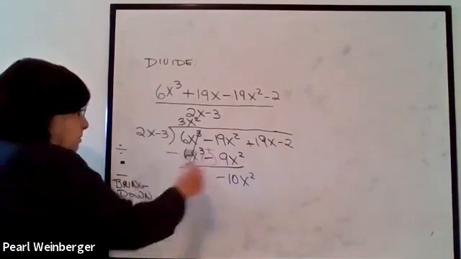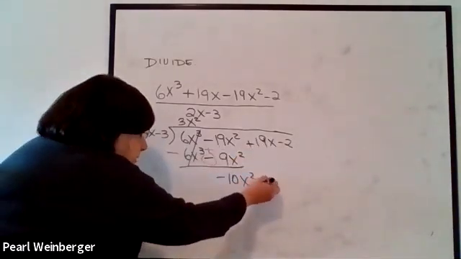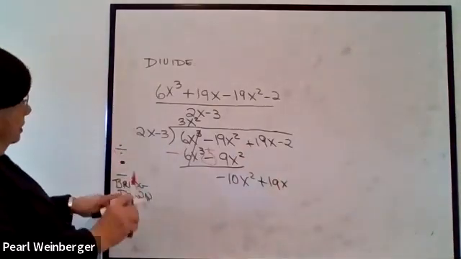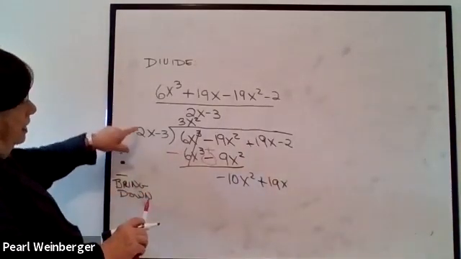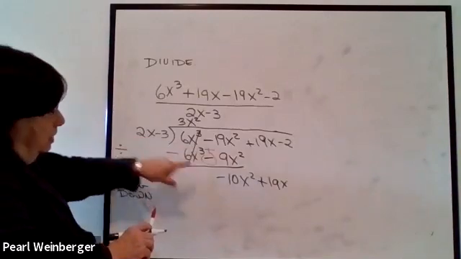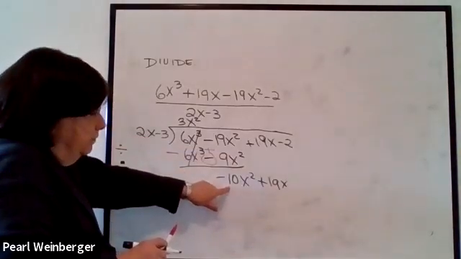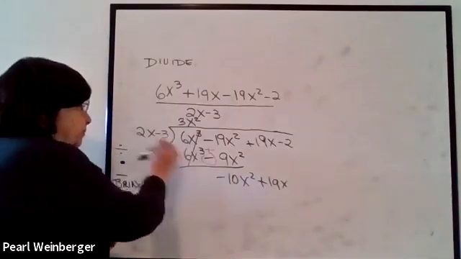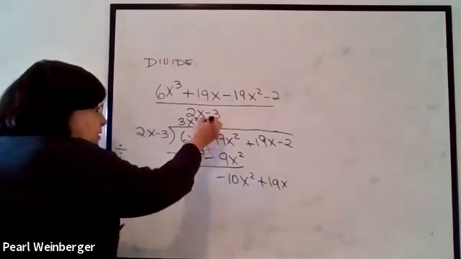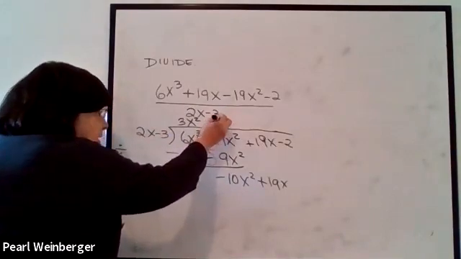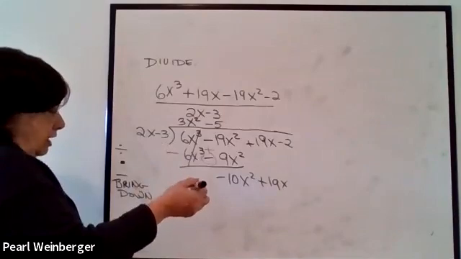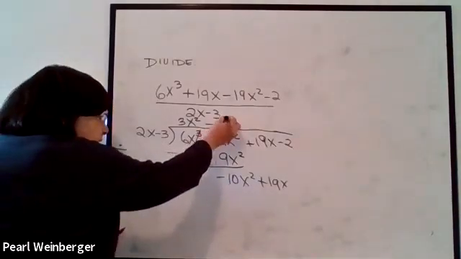The next term I see is a 19x, so I'm bringing down the 19x. And I go right back to the start, and I divide. I take my first term, the 2x, and divide it into the negative 10x squared. Again, first term into first term. 2 into negative 10 is negative 5. X into x squared, we subtract the exponents and we get just plain 5x.